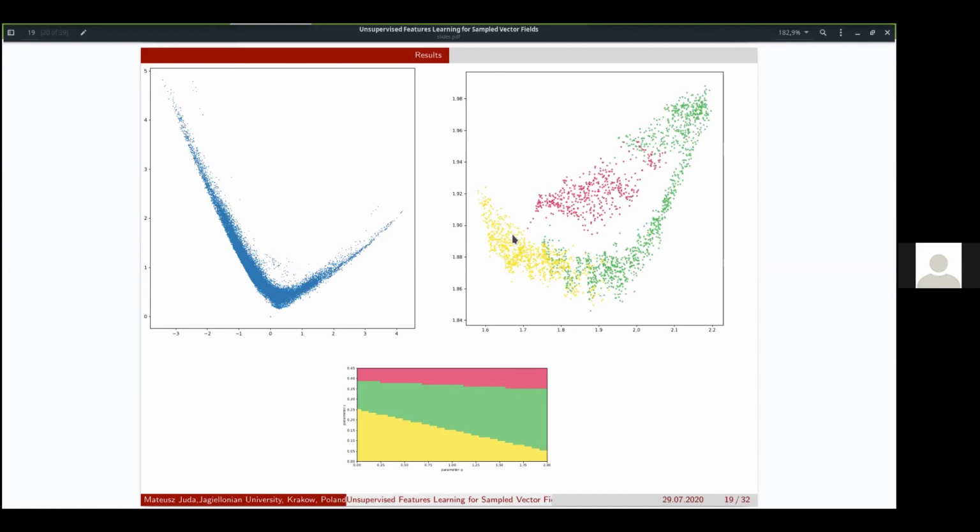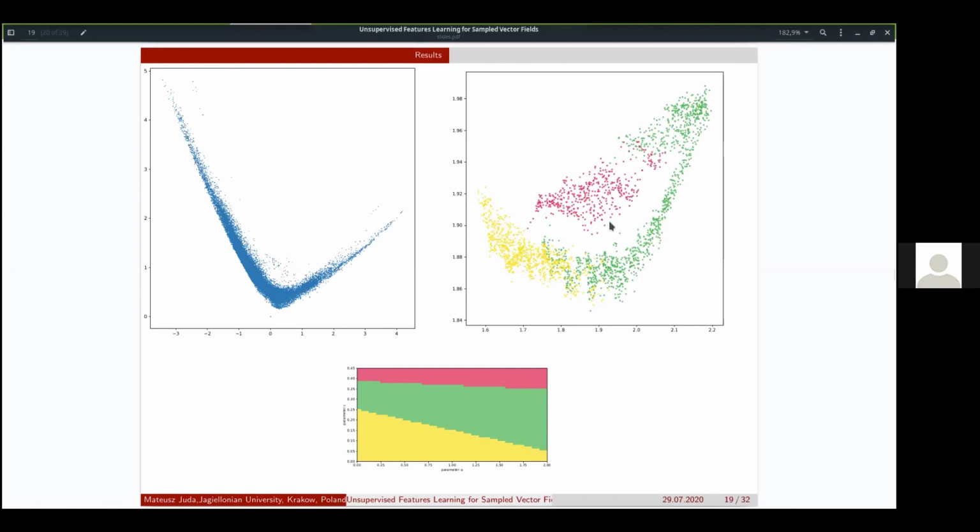And now the colors are taken from the analytical results, just to find some correlation between the embedding and the analytical result. What we can observe here is that maybe there is no clean, visible separation between the yellow and green sets. However, the barrier may be put somewhere here. The red set is more separable.